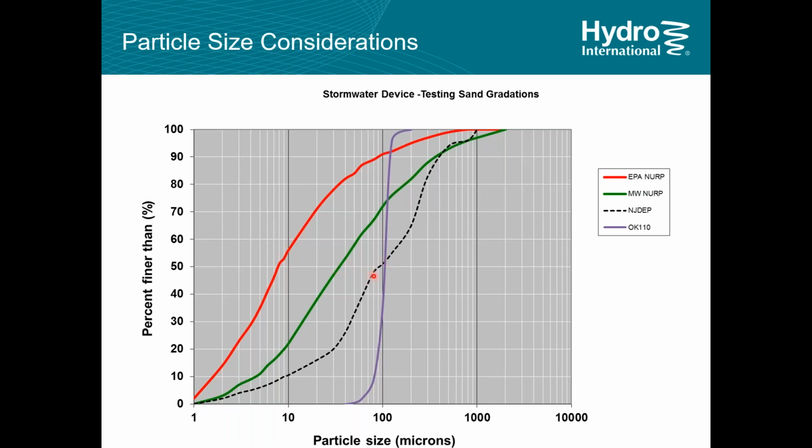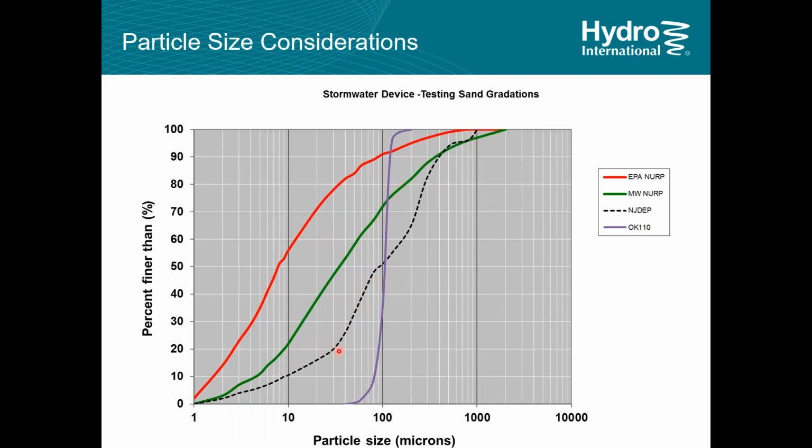Typically, we see regulations written around removing something around D50 of around 100, 110 microns, and that's usually pre-treatment or standalone treatment for coarser sediments, parking lot runoff, that sort of thing. And that's easier to deal with when you get around 100 microns. That's where the separators sort of work and live. But the distribution can be very important.